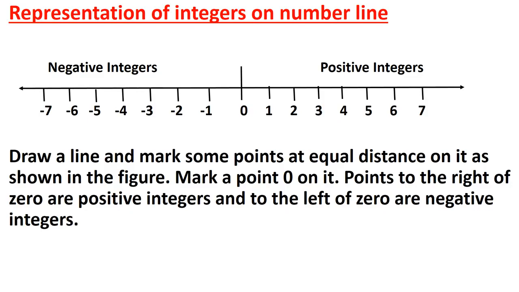Clear? Now if I have to mark minus 3 on the number line, what will we do? First of all, we will make this type of number line, with positive integers also, negative integers also, 0 also. And then wherever minus 3 is coming, that I will encircle. In this way I can show integers on a number line.